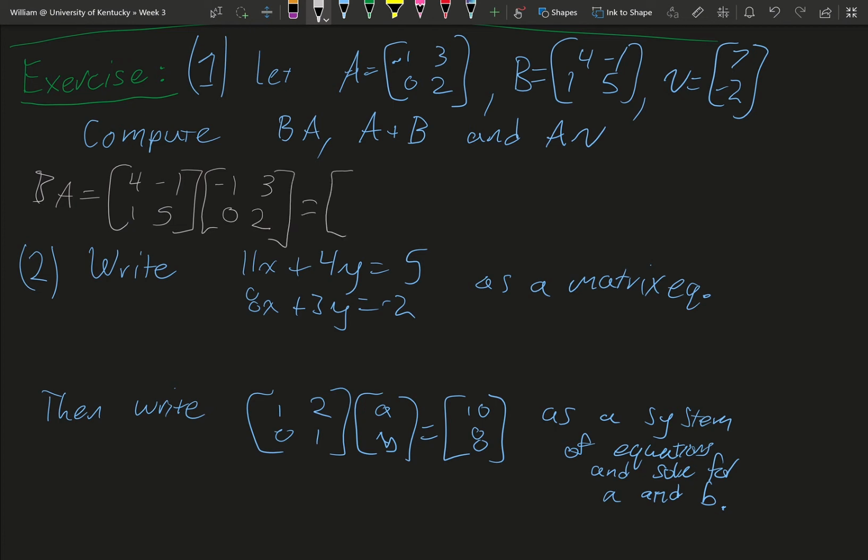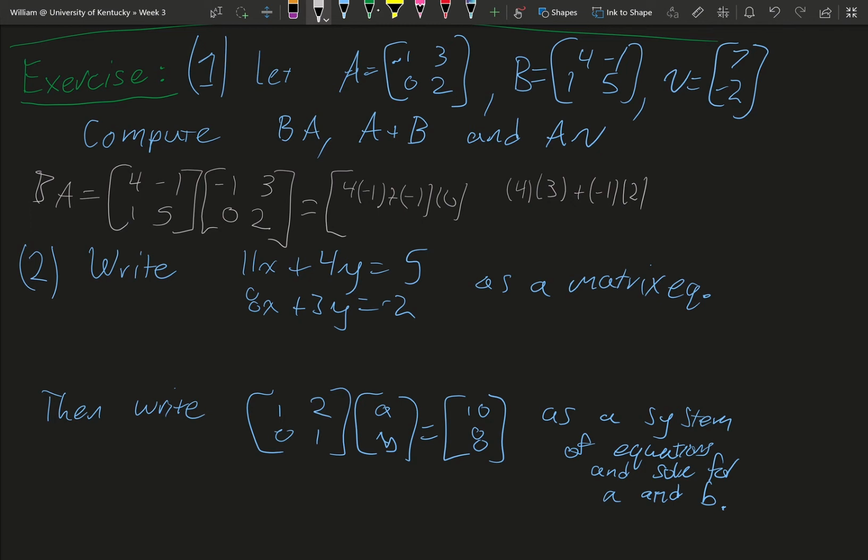So we have first row times first column, 4 times negative 1, plus negative 1 times 0. Then first row, second column, so 4 times 3 plus negative 1 times 2.